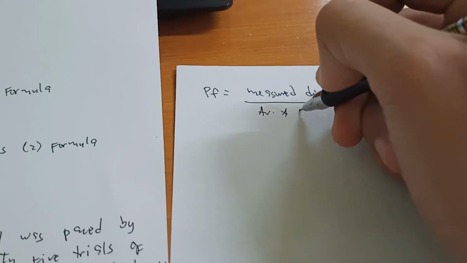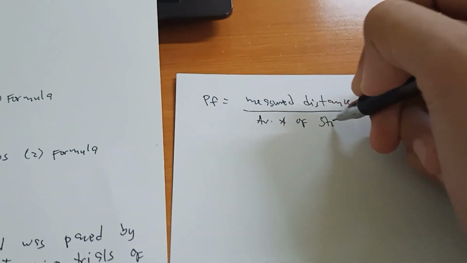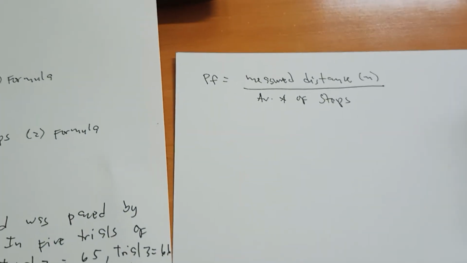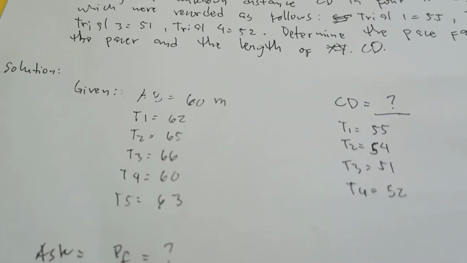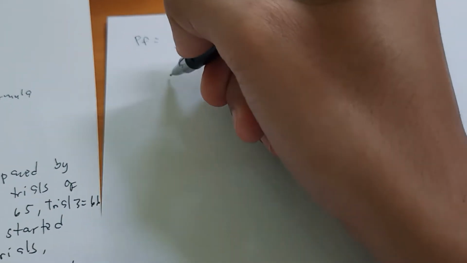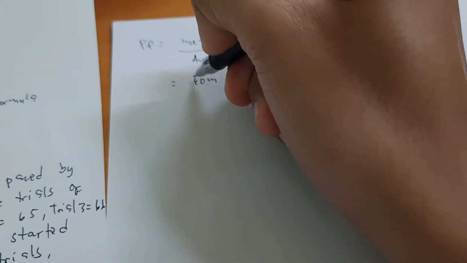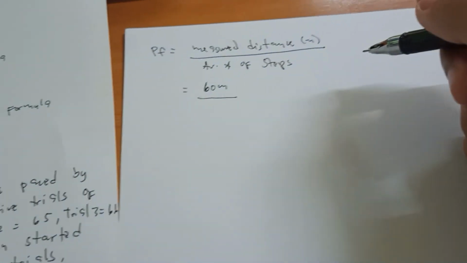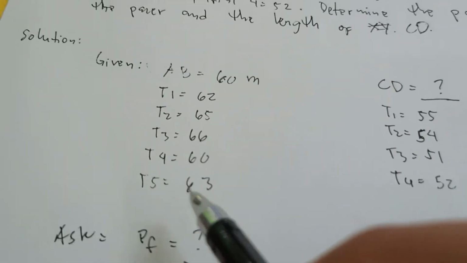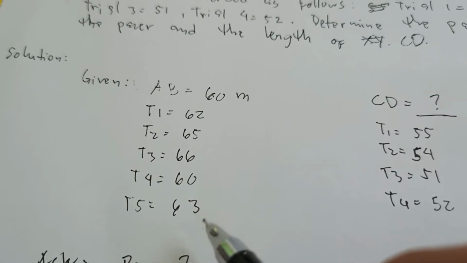Here, going back to our given, that is 60 meters, so 60 meters over the average number of steps. So you need to get the average first.